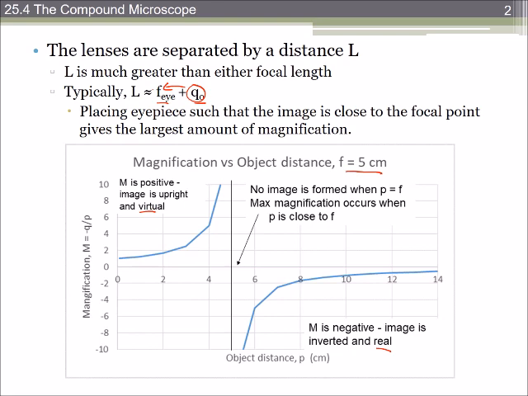But you'll notice that we have asymptotes here, and on either side of the focal point we do get an image that is highly magnified. We can get 10, 20, 30x magnification if we're really, really close to that focal point. So the general equation is we want L to be about equal to the sum of the focal length of the eyepiece and the image distance.